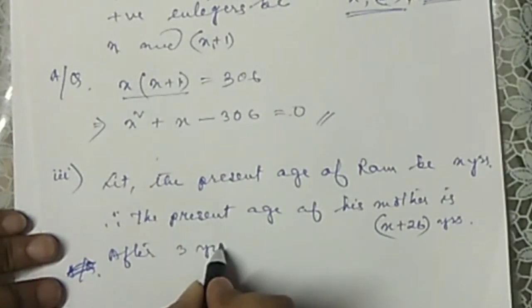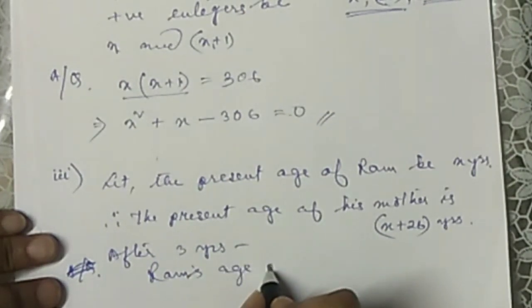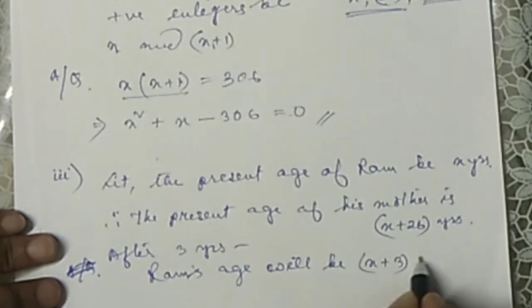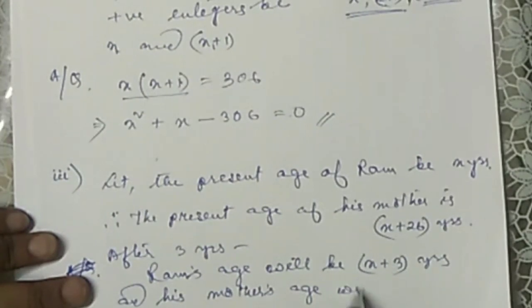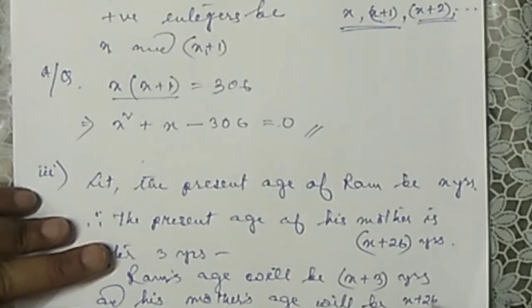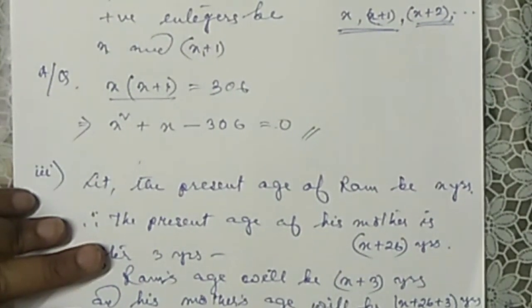After 3 years, Ram's age will be x plus 3 years and his mother's age will be x plus 26 plus 3 years, that means x plus 29 years.